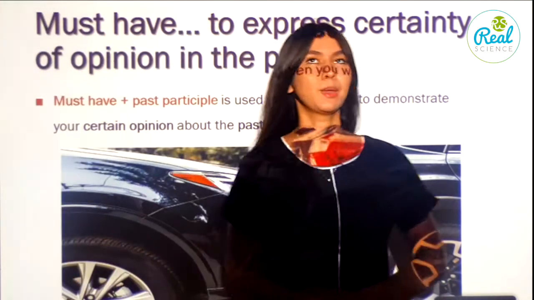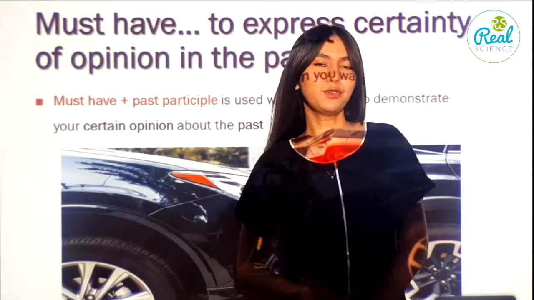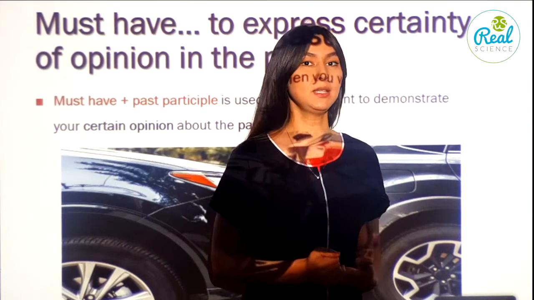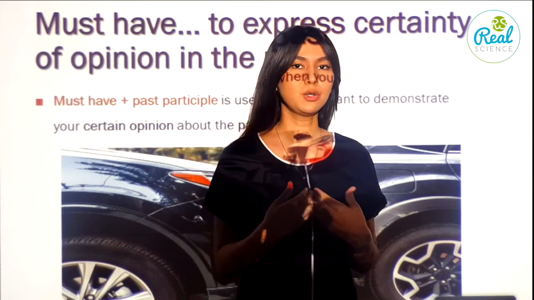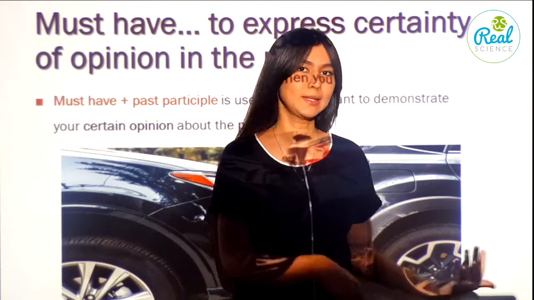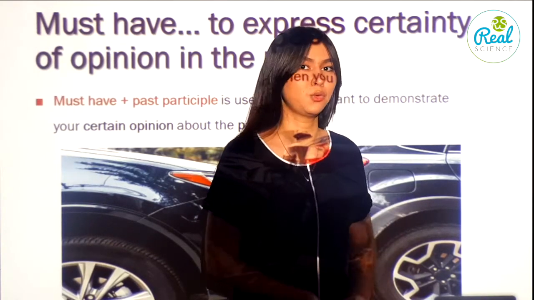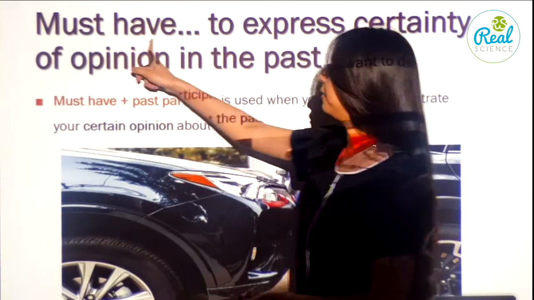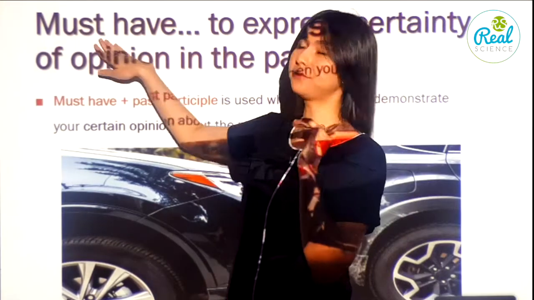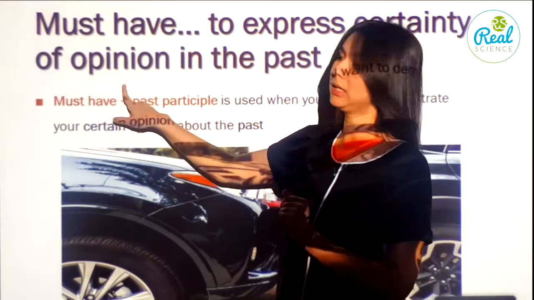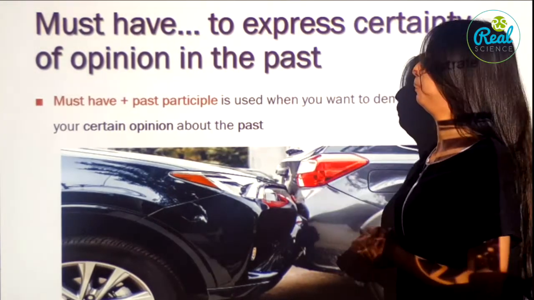Guys, previous ones, must and can't, were like expression of certainty in present. Now we will express our certainty or uncertainty about past situation. So how do you express your certainty and uncertainty about the past situation? So must have. So here we have must have, not just must, okay? To express certainty of opinion in the past.